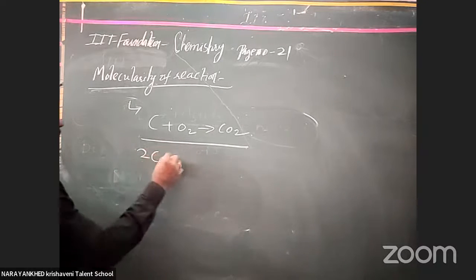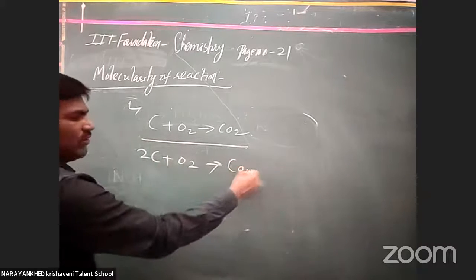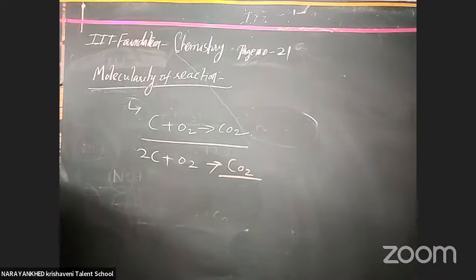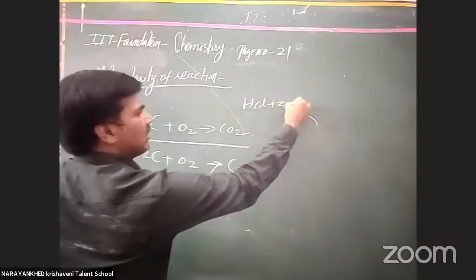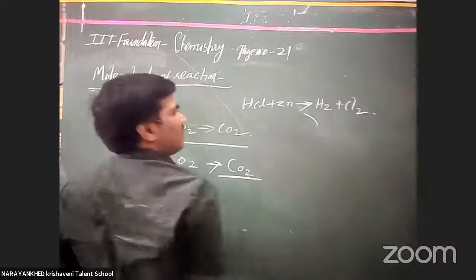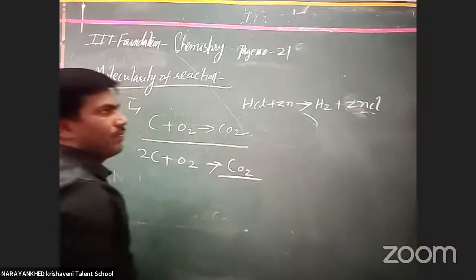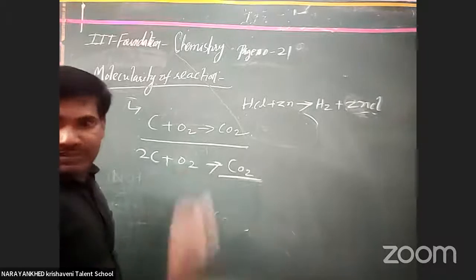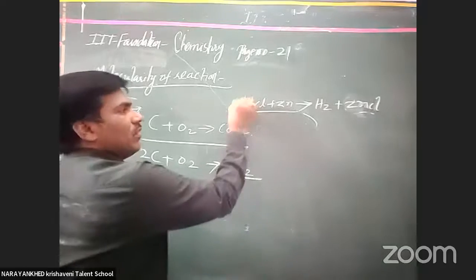Suppose I take 2CO plus O2. It is not possible to give only CO2; it will give more than that also, practically. In the theoretical manner, it is correct only. Otherwise, suppose I take HCl combined with zinc. It gives hydrogen gas and zinc chloride as the form. Now how many molecules are there here? 2 only, but theoretically that is not possible.